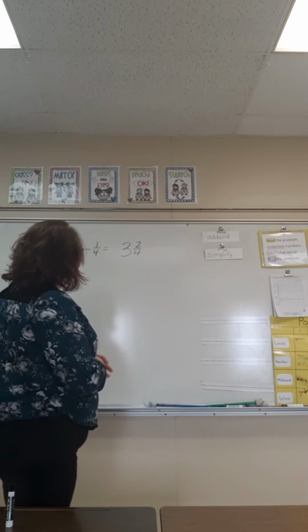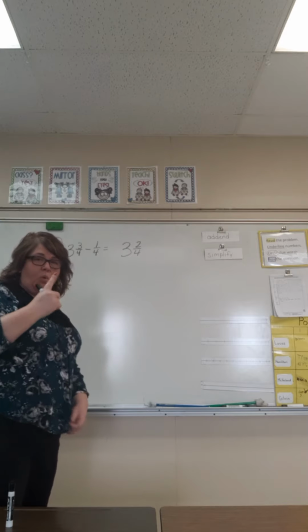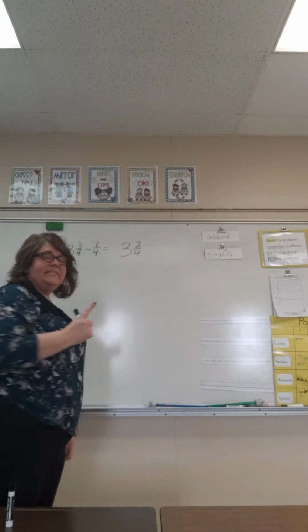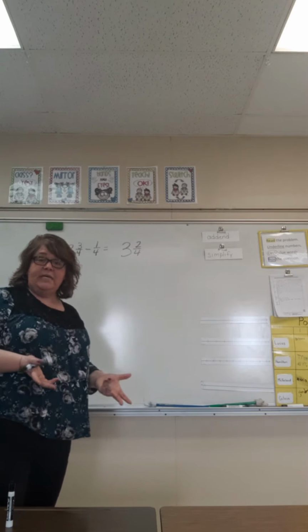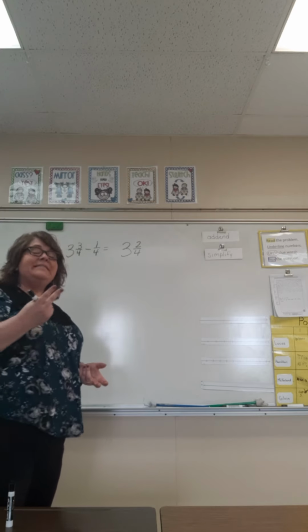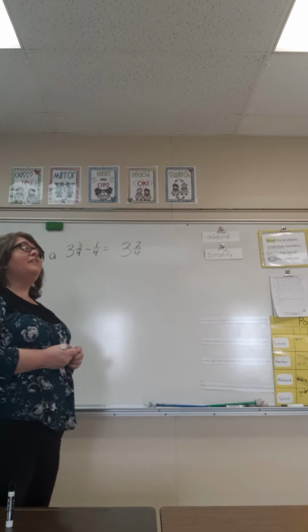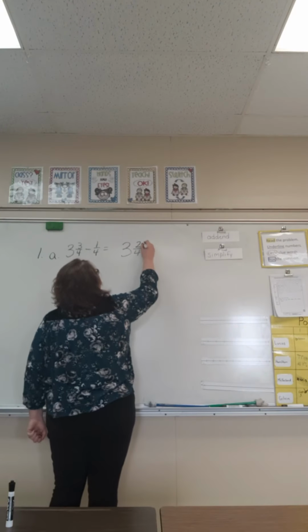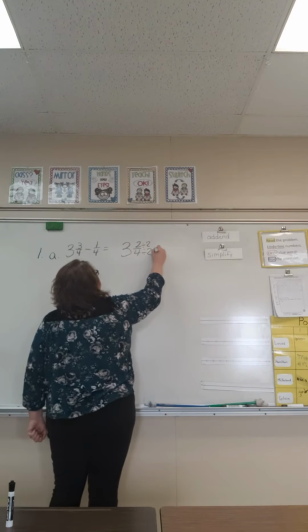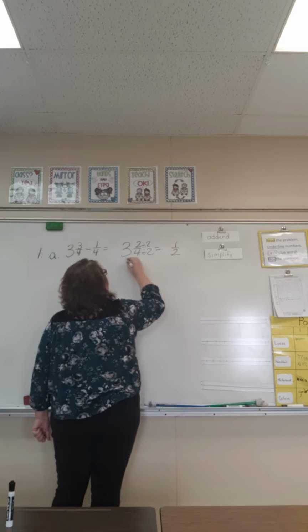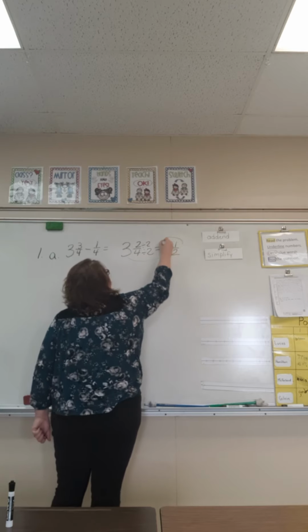Is it in simplest form? 2 things I'm looking for. 1, is it a unit fraction? It's not. So I have to go to the second step to see if there is a number that can be divided into both 2 and 4. There is. It is 2. And I get 1/2, but I can't forget my whole.